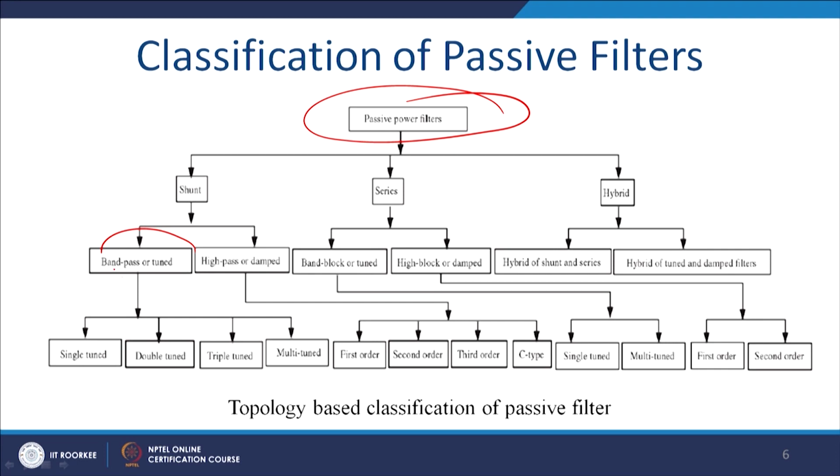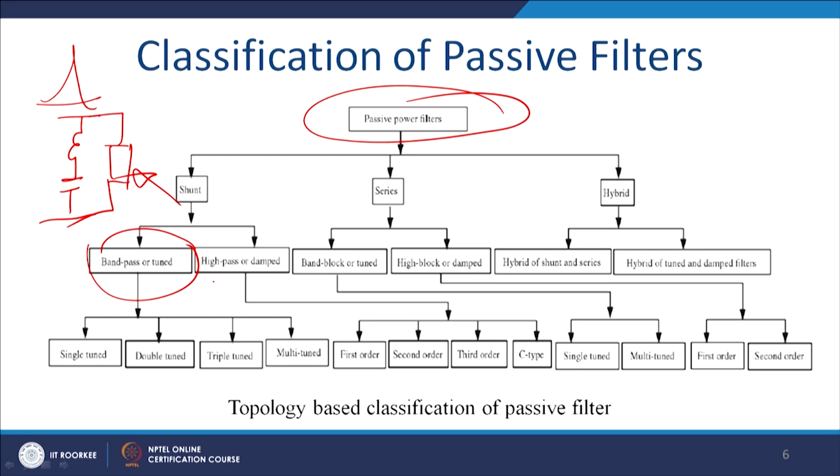For this, passive resonance comes, band pass or tuned, you have this kind of filters and thereafter you have a load. This is a shunt passive filter or parallel filter, and there you have a band pass or tuned filter, you may eliminate a particular harmonic, the fifth harmonic.